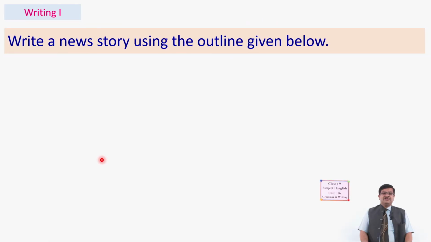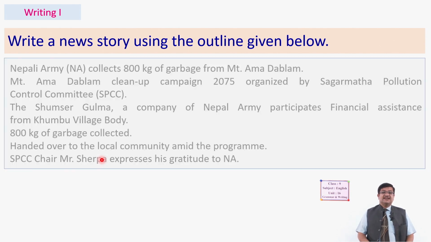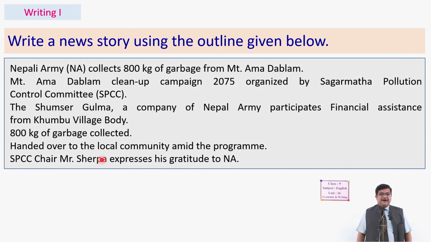Are you all ready to learn something about the ways of writing news story? Get ready. Write a news story using the outline given below. Here is an outline. Nepali Army, NA, collects 800 kg of garbage from Mount Amadablam. Mount Amadablam Cleanup Campaign 2075, organized by Sagarmatha Pollution Control Committee, that is SPCC, is short.